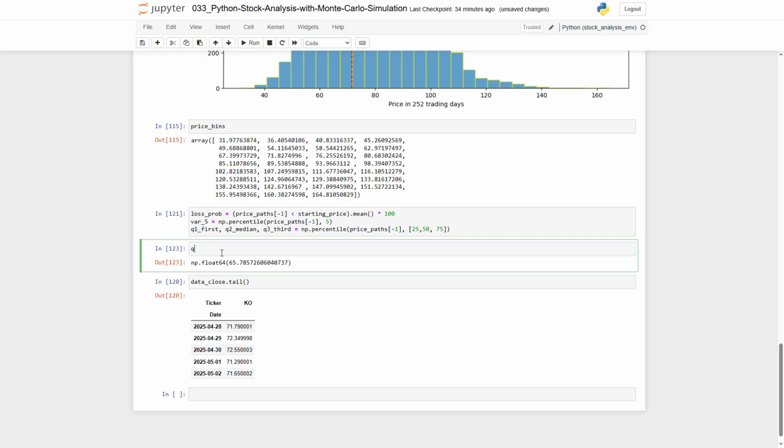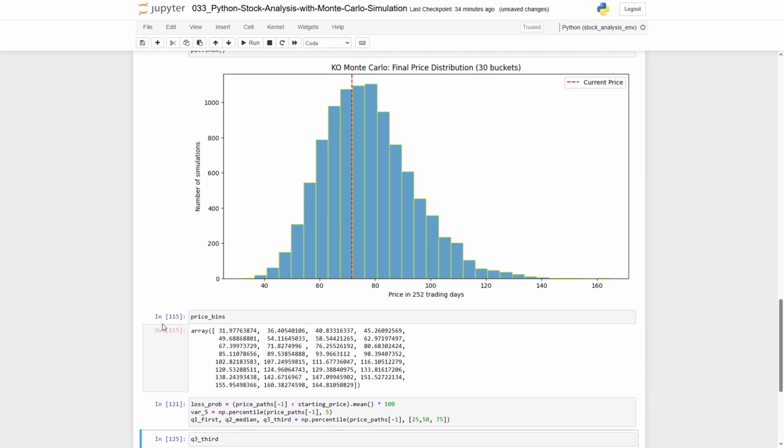Q2 median 76, and in more than 50% we are making more than 76, which is good. And Q3 should be something really high. Q3 is 87.39, and then something else.